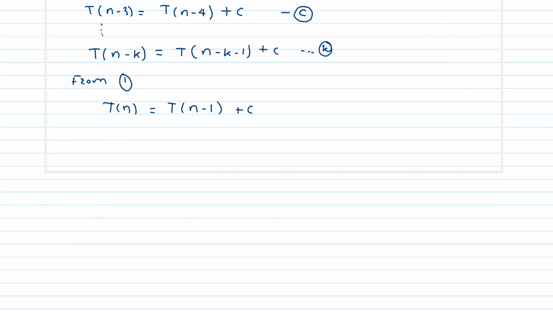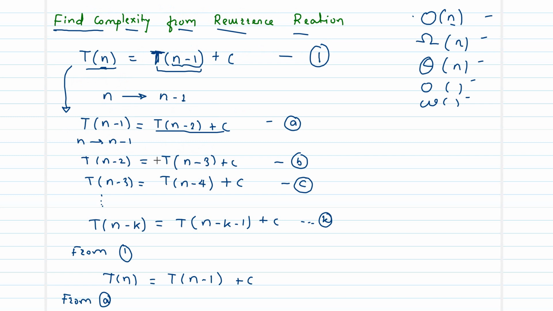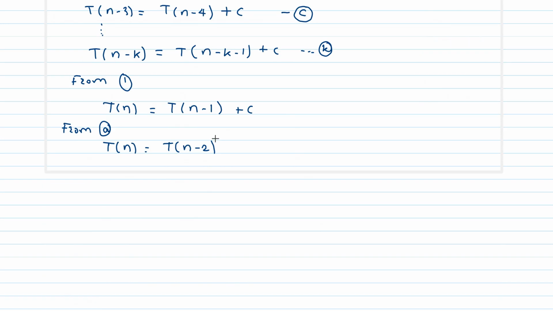So from A I can write T(n) = T(n-2) + c, that is your T(n-1), and now we had one more c. So this is the case for the first one.